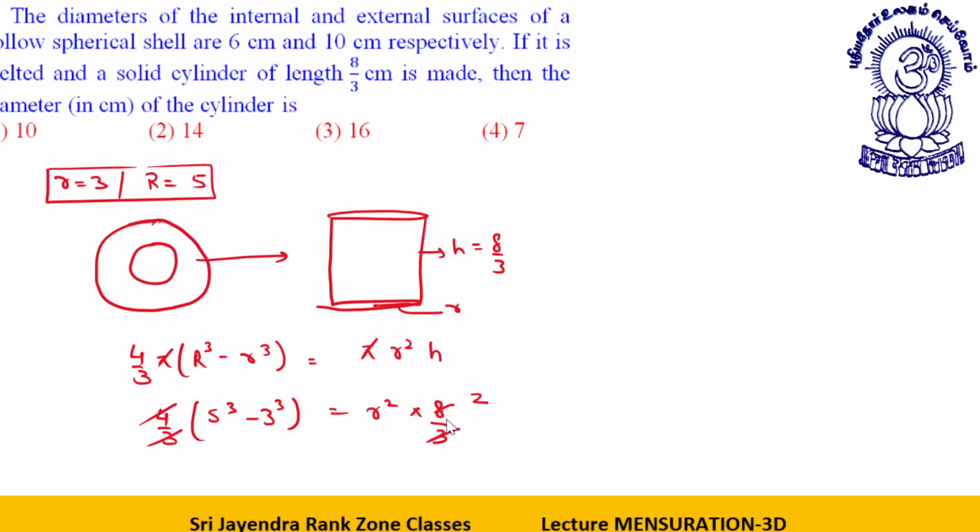So now what you have is 125 minus 27 is equal to r square into 2. 98 is equal to 2 r square. That means r square is equal to 49, or r is equal to 7. If r is equal to 7, then 2r is equal to 14 centimeter.